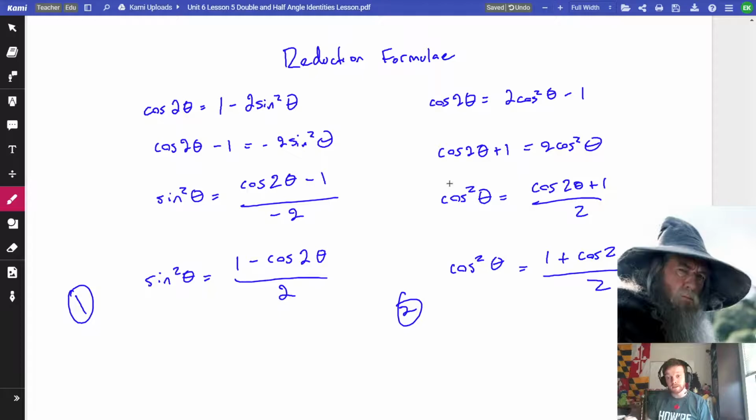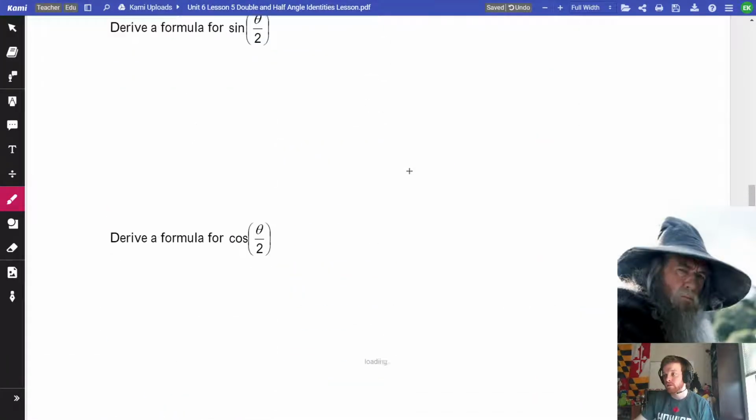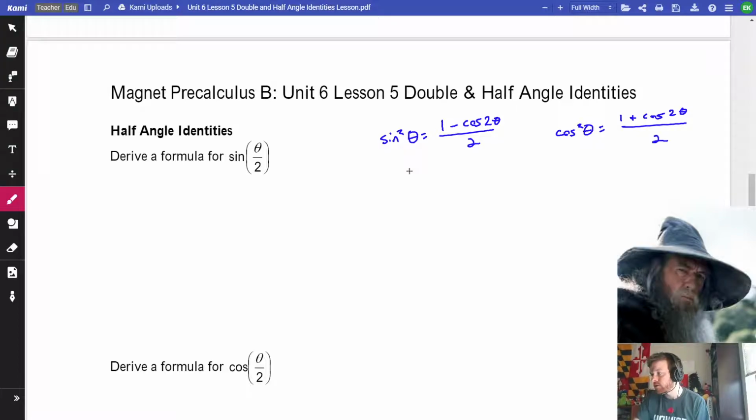And these are going to be the key to our half-angle formulas. Let me rewrite the reduction formulas. Sine squared theta is equal to 1 minus cosine 2 theta divided by 2, and cosine squared theta is equal to 1 plus cosine 2 theta divided by 2.